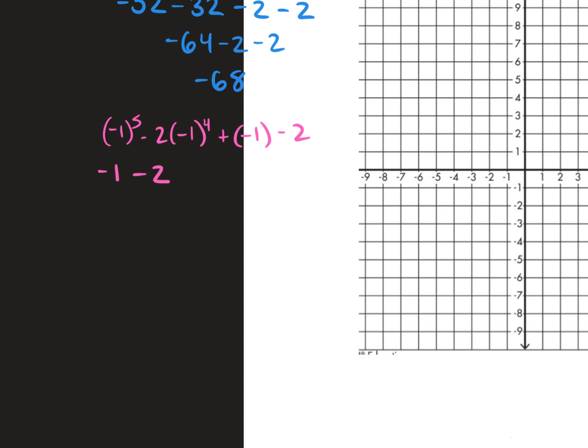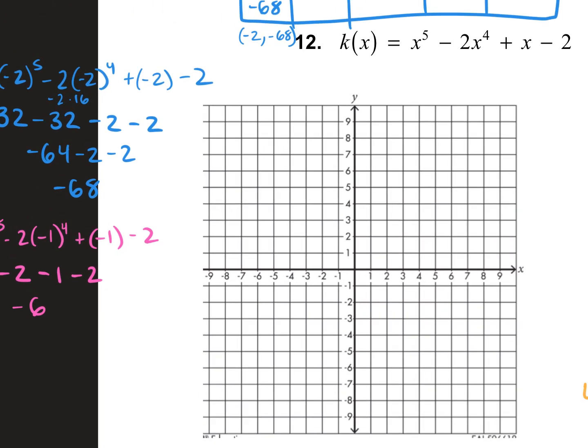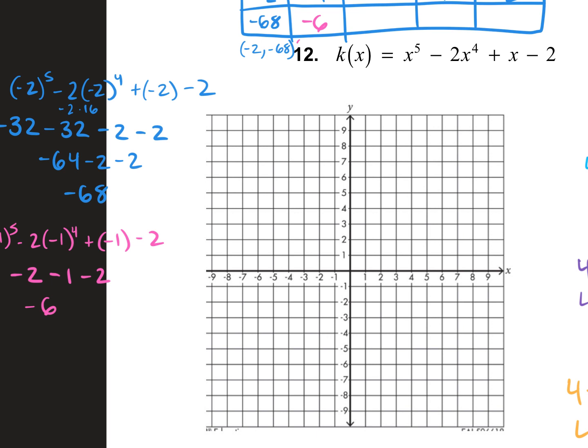Negative 2. Minus 1 minus 2. So it's negative 1 minus 2. Negative 3. Negative 3 minus 1? Negative 4. And negative 4 minus 2? Negative 6. So we plugged in negative 1 and got negative 6. So our next point would be negative 1 comma negative 6. So we're going to go to the left to negative 1 and down negative 6.